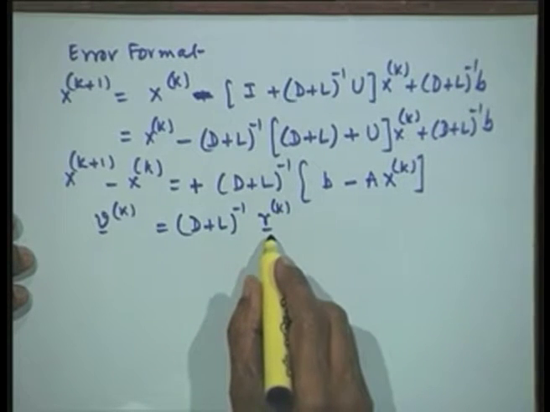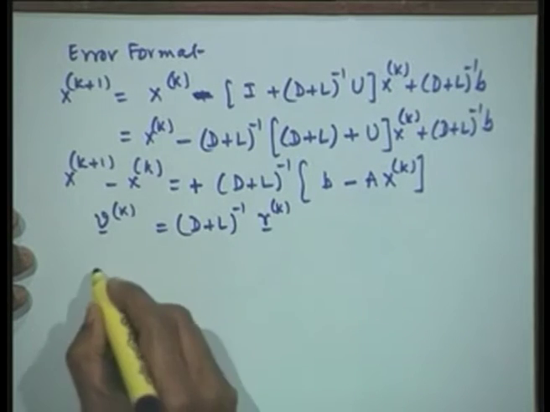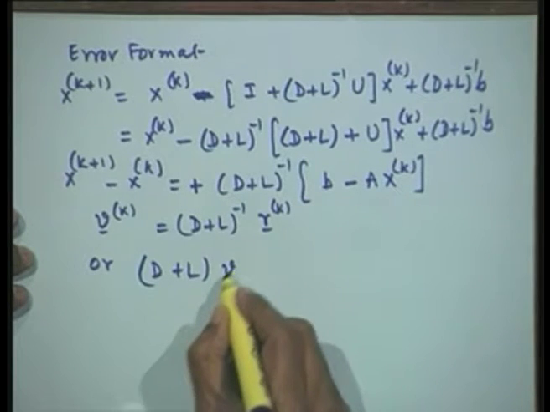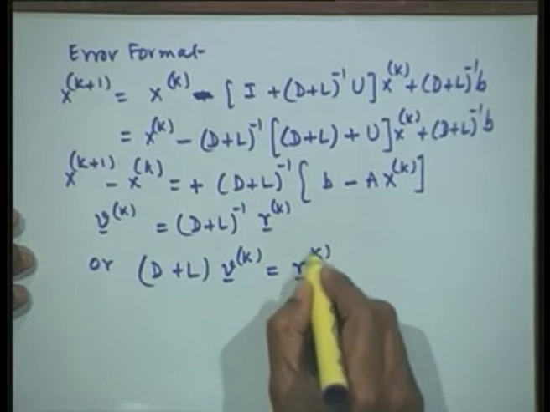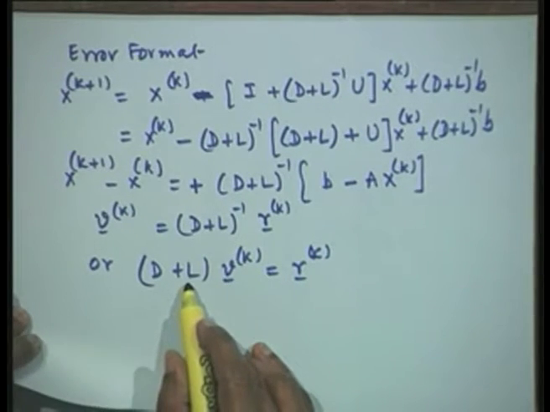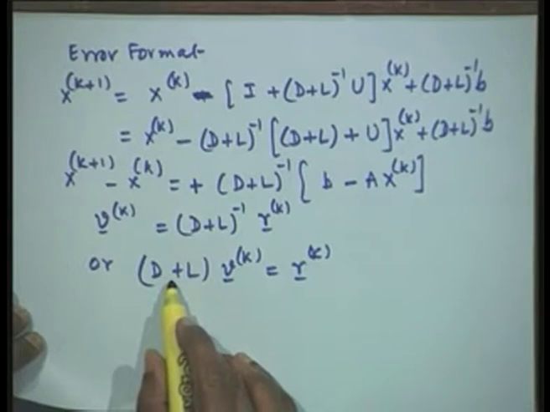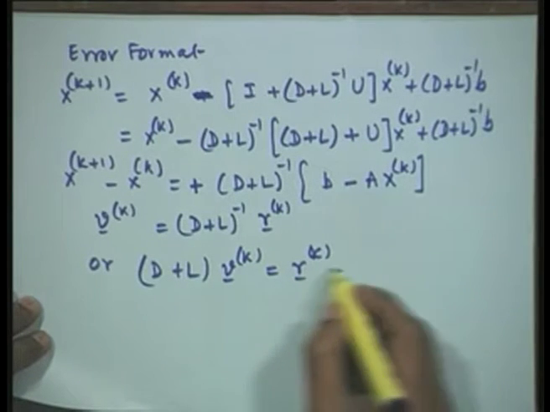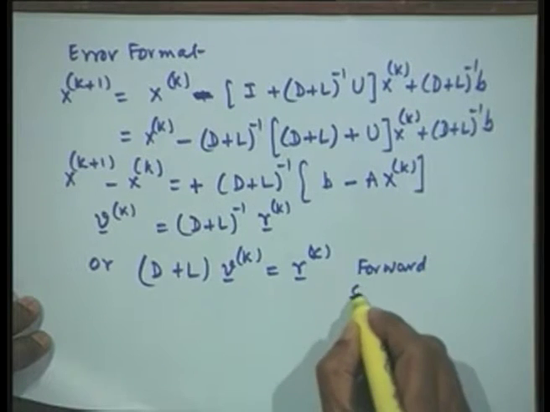So, this is again the same residual vector and this is the error of approximation, or we can use it as (D plus L) v^k is equal to r^k. We are very well versed about this one, this is nothing but the forward substitution. This is (D plus L) of v^k. Therefore, this is a lower triangular matrix, therefore, this is nothing but our forward substitution. You can look also in the sense of this is the forward substitution method.